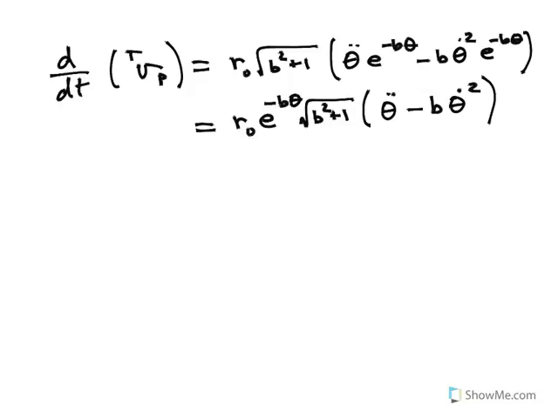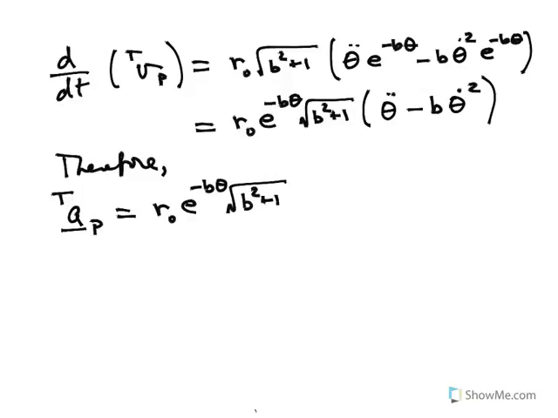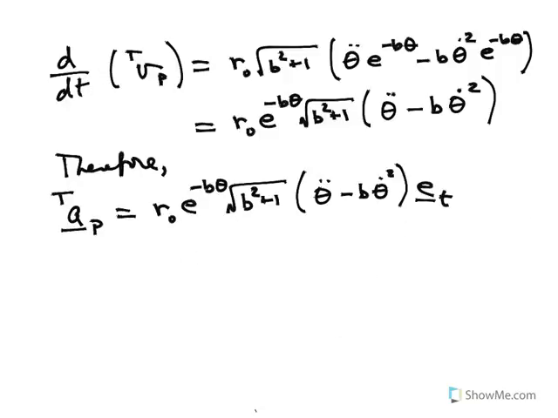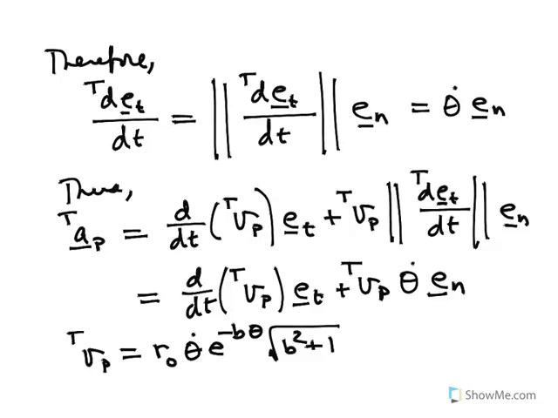Now, we can actually substitute all of that in, and we can get that the acceleration as viewed by an observer fixed to the track is equal to r0 times e to the minus b theta times the square root of b squared plus 1 times theta double dot minus b times theta dot squared times e_t. And then I've got theta dot times the speed.